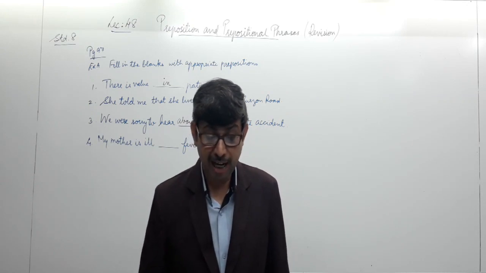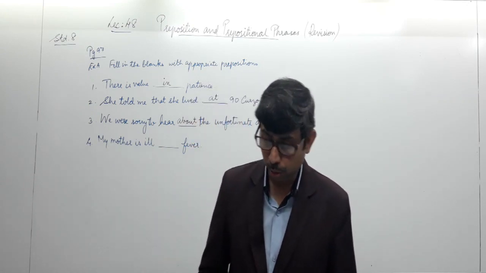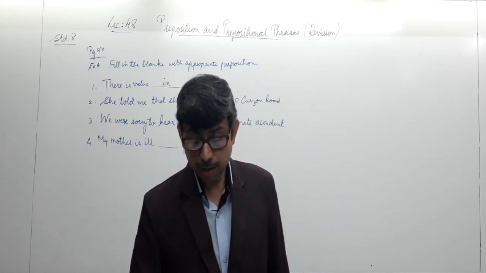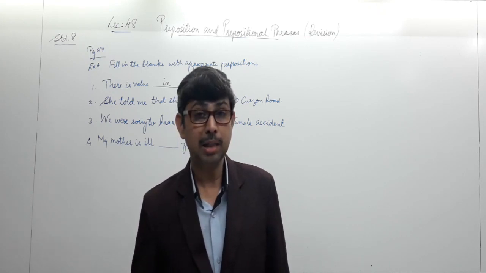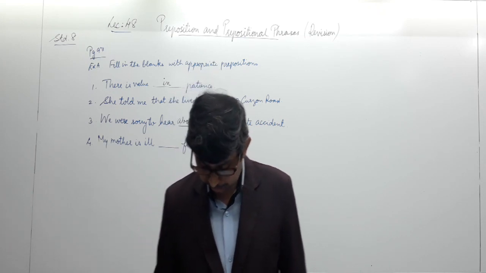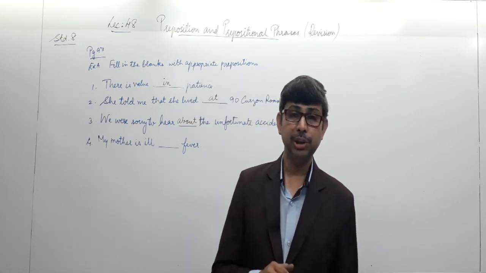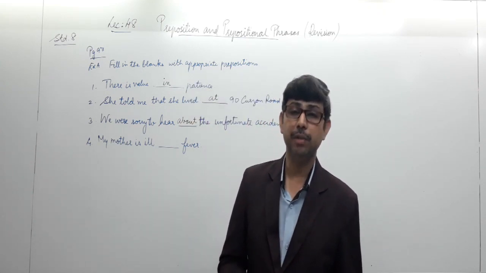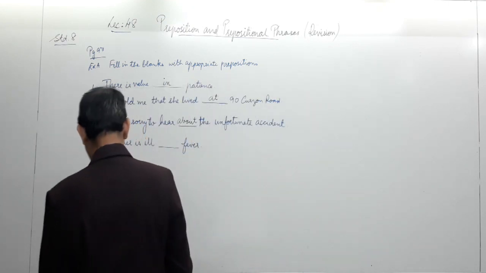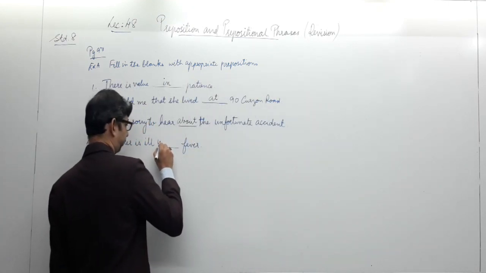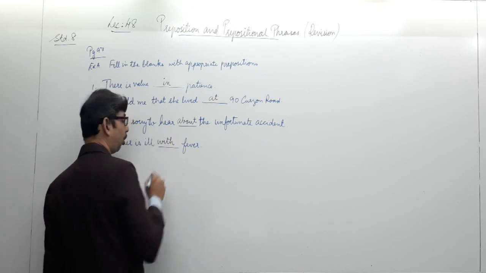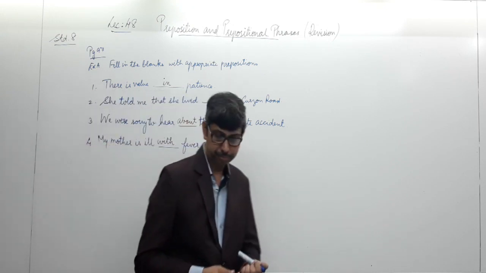You can make a trial and error method to use, although you should be knowing by now, being English learners as students. My mother is ill with fever. So she is ill, but she has a symptom of fever. So with fever. You'll have to write the word with, and not in fever or at fever.